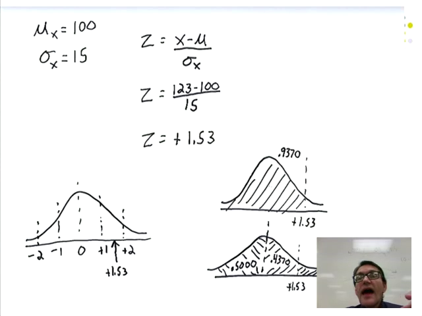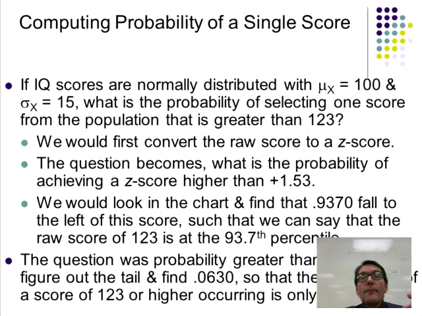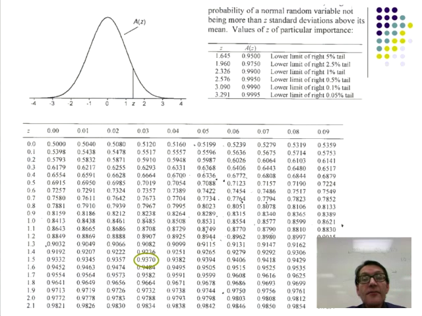Beautiful. So now I'm going to take that 1.53 and look this up in my z-score chart. I go down the left side until I get to 1.5. And so the first column, like we said, is 1.50, 1.51, 1.52. Aha! 0.9370 corresponds with 1.53.